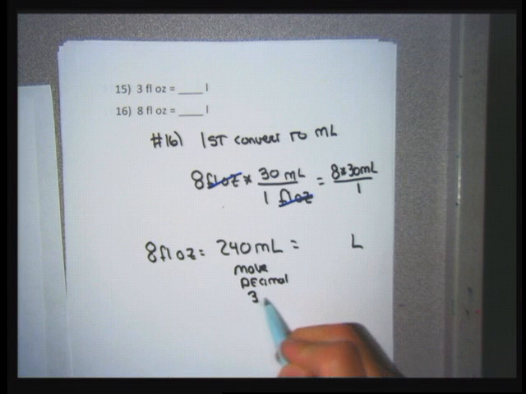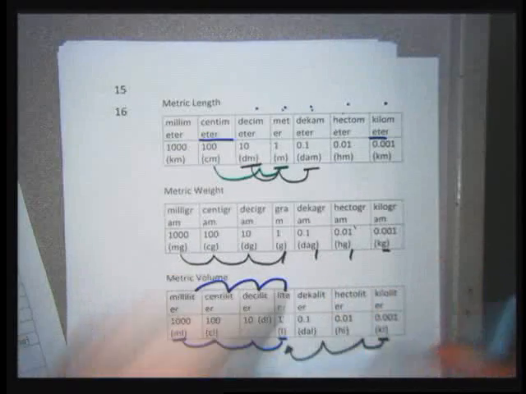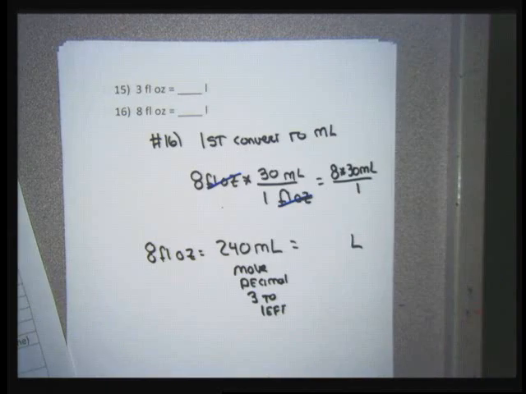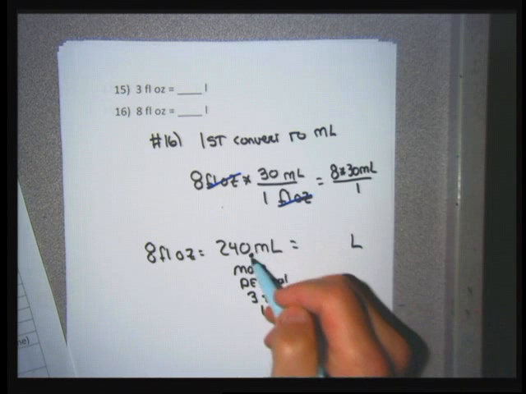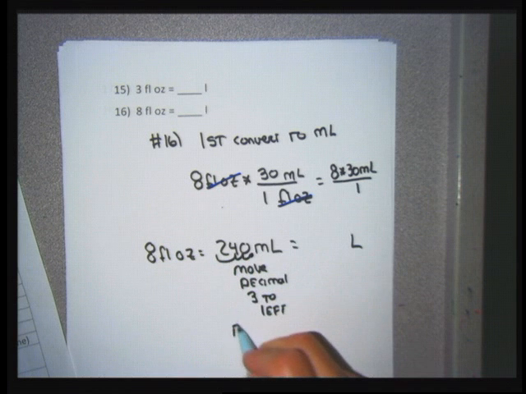I have to move the decimal 3 to the left, because on the chart, to get from milliliters to liters, I had to go 3 to the right, and I just do the opposite. So there's a decimal that's implied there after the 240. And so I'm going to go 1, 2, 3, and then we could have a good, better, best answer.